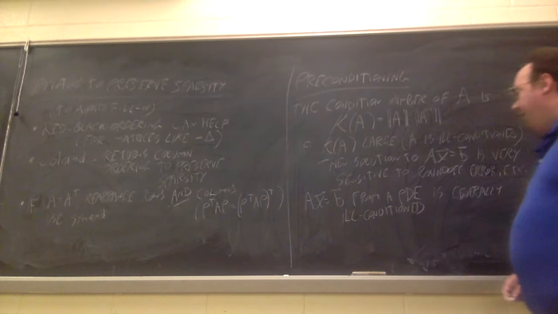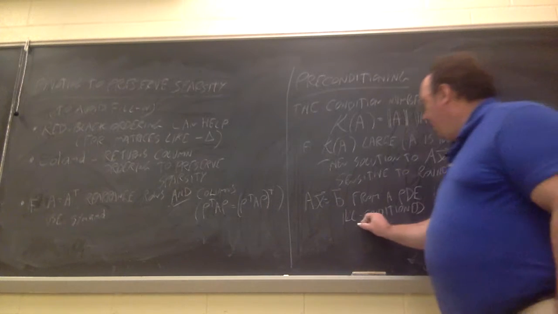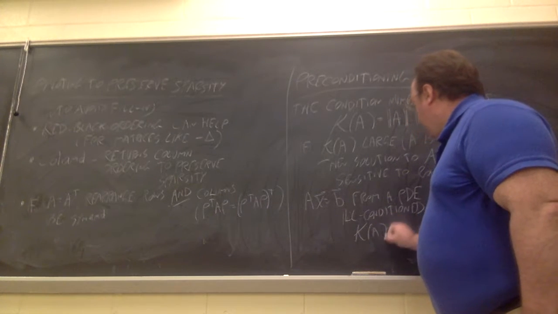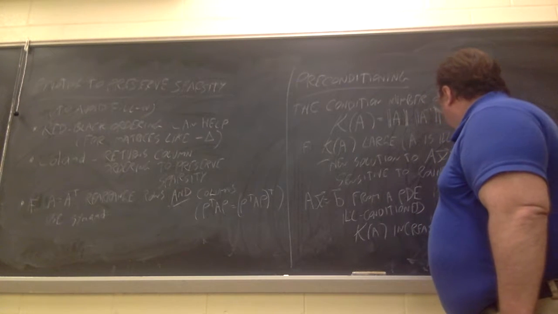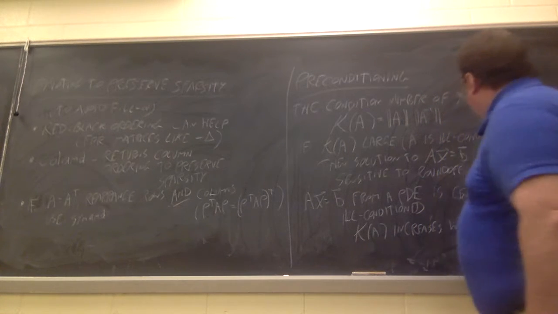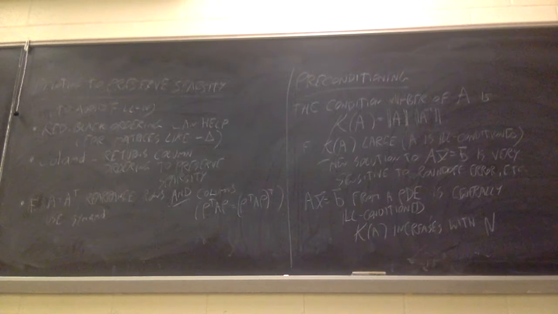Also, the condition number tends to increase with a quantity normally referred to as capital N, the number of grid points. So the finer your spatial discretization, the smaller your delta x, therefore the more realistic your model, the more ill-conditioned it's going to be.